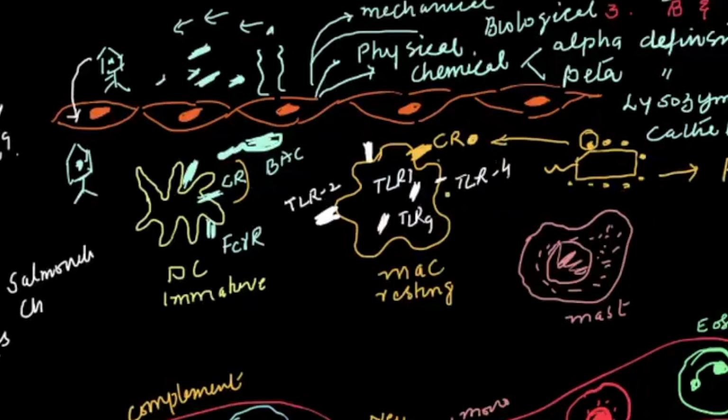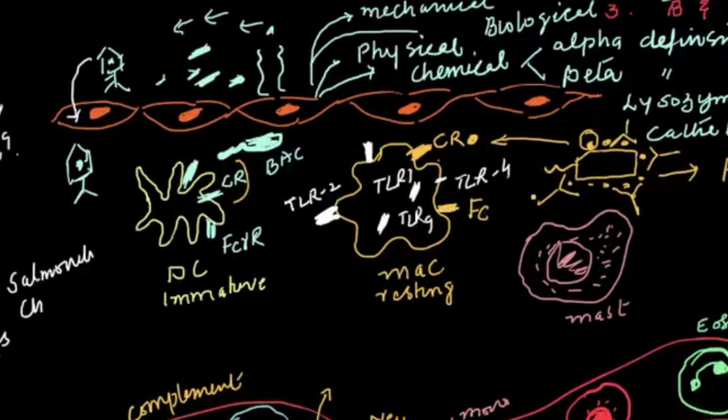That is number one. Number two, I told you antibodies IgM and IgG are produced. IgG, when they come out of the bloodstream, are also able to coat these bacteria. And when they coat the bacteria, there is a receptor for these antibodies as well, and that is called FcR.